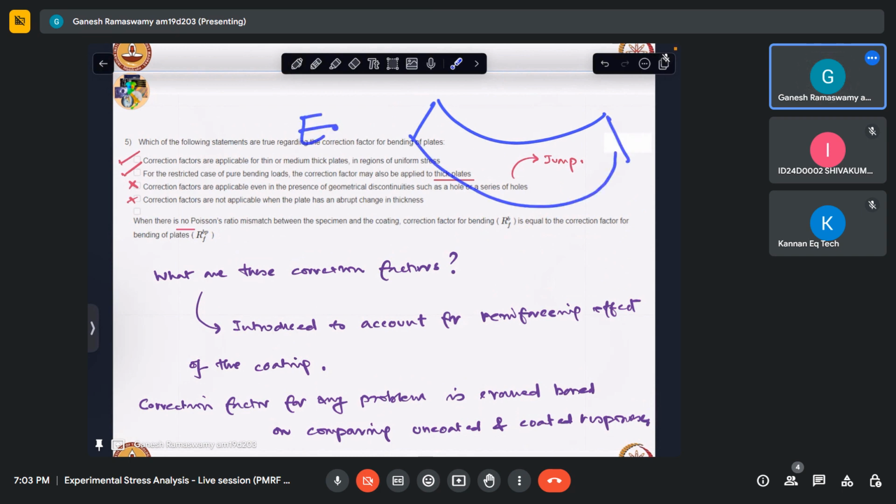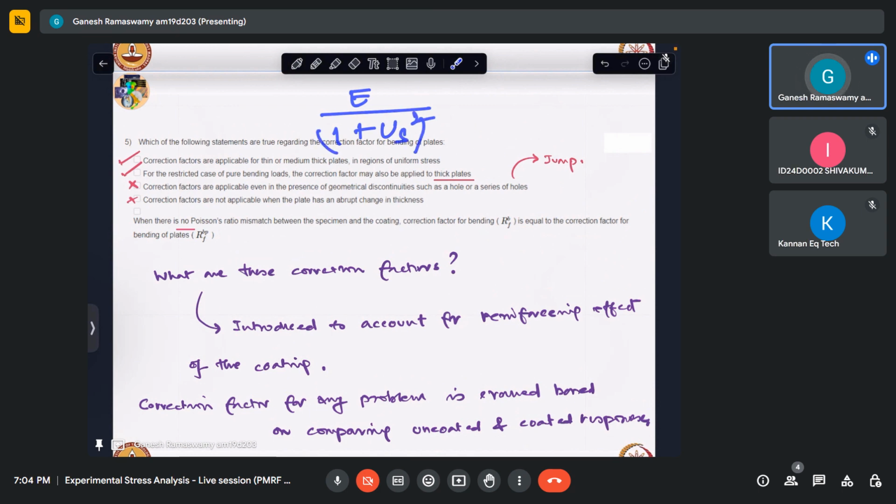If you have taken any course on theory of plates, you will know that happens to be the main dividing factor between beam analysis and plate analysis. Because in plate stiffness, a Poisson's ratio term will essentially appear. So in this question, if there is no Poisson's ratio mismatch between the specimen and the coating, then this can be extended.